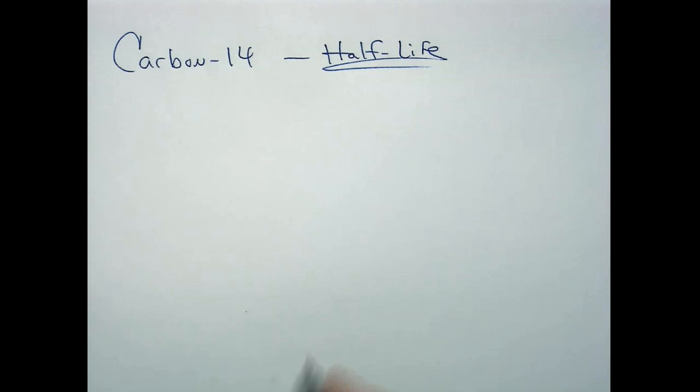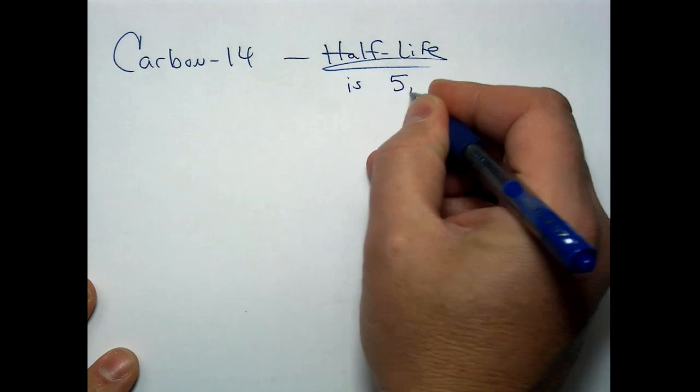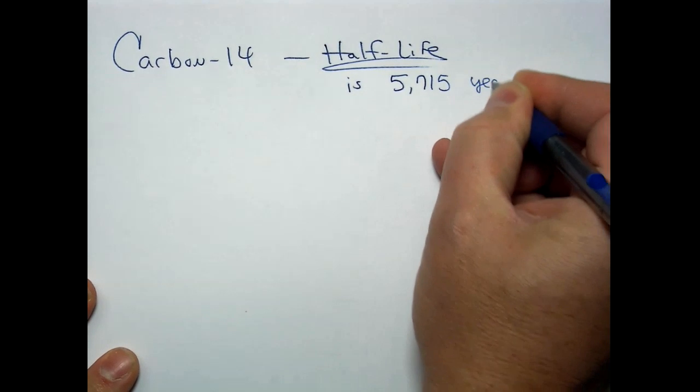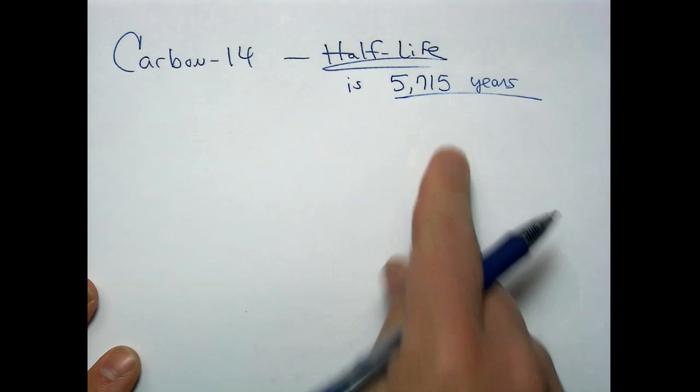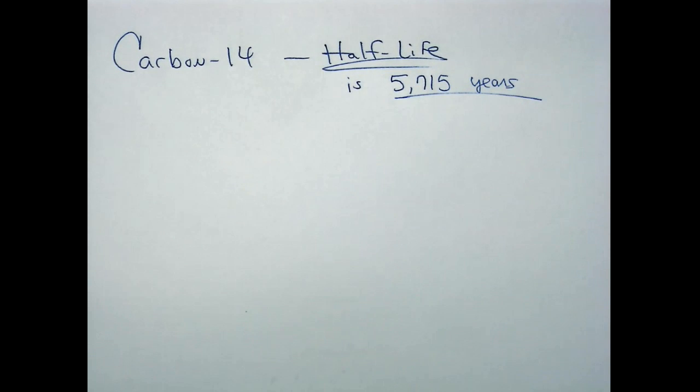Carbon-14 is radioactive, slightly radioactive. Now, its half-life is rather long, and I've seen it quoted at different figures. Our book uses 5,715 years. That's a long time. So that means that because radioactive carbon is in the atmosphere, it's a very small percentage, so don't worry about it. It's not going to kill us, but very tiny percentage.